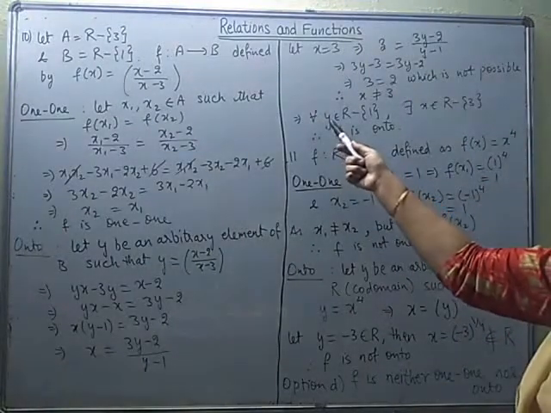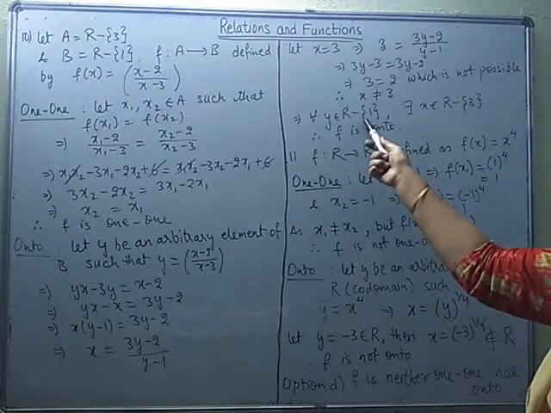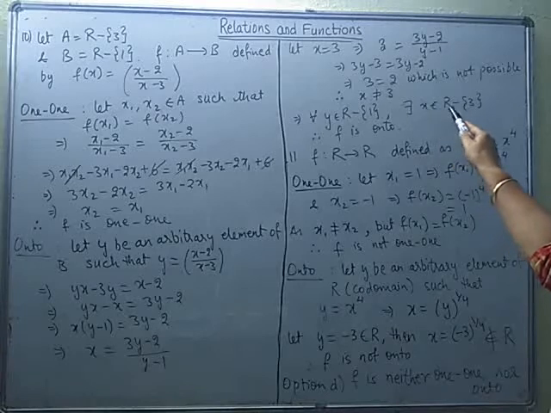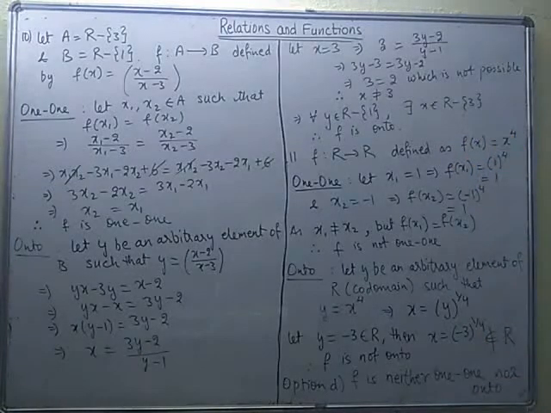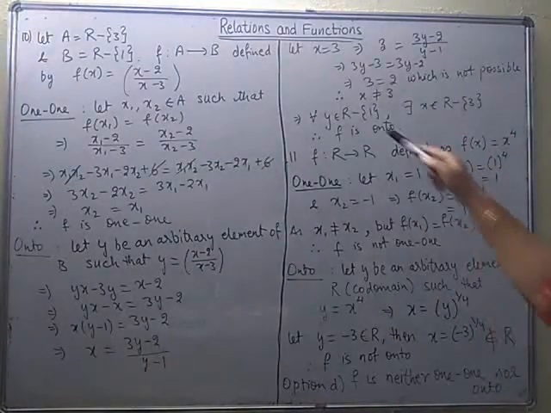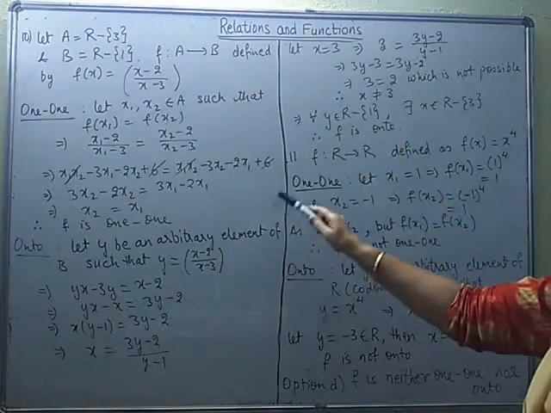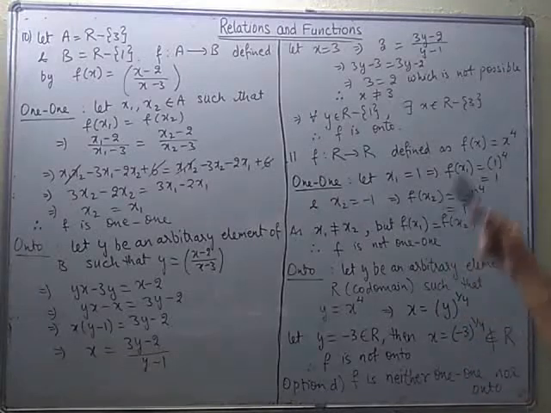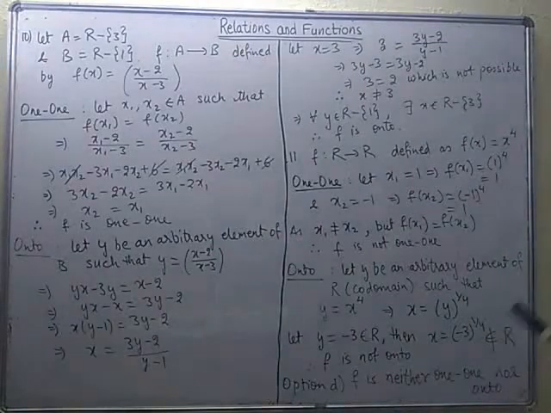So we can see for all y belonging to the set R minus 1, there will always exist some x which will belong to the set R minus 3. So all the y's, whatever element y is denoting in the set B, it will definitely be the image of some x in the domain. So f comes out to be an onto function. So it is one-one as well as onto.